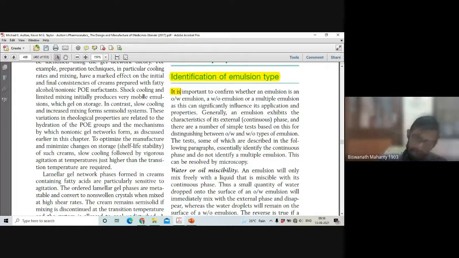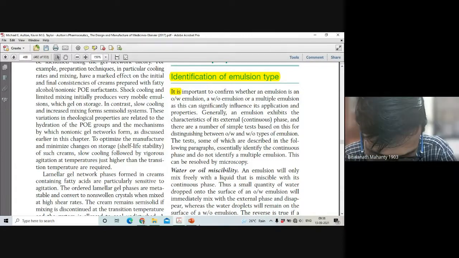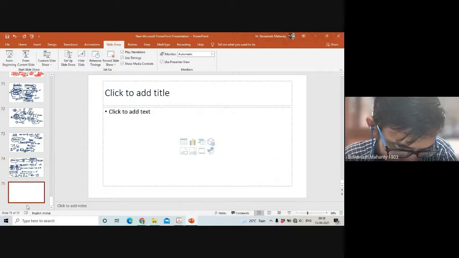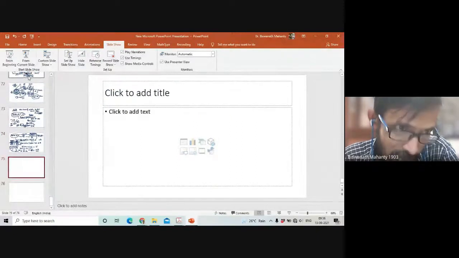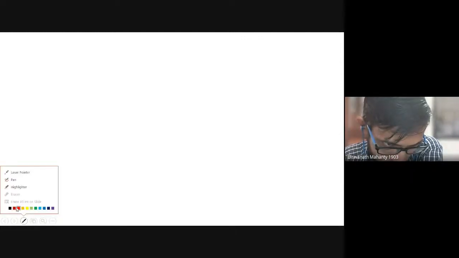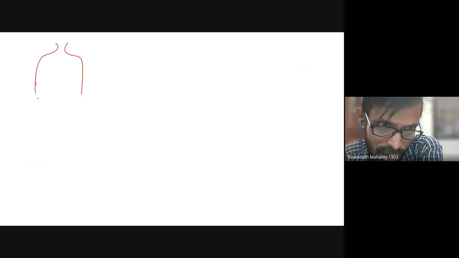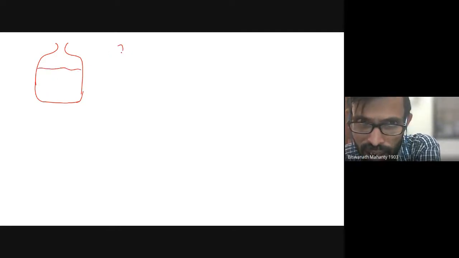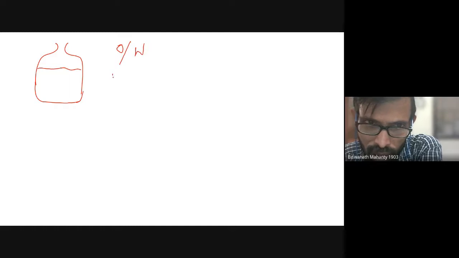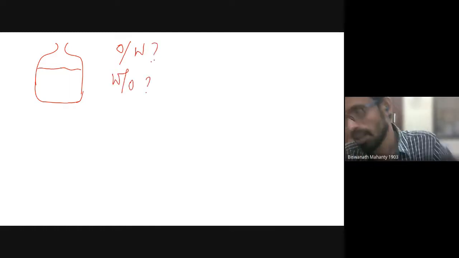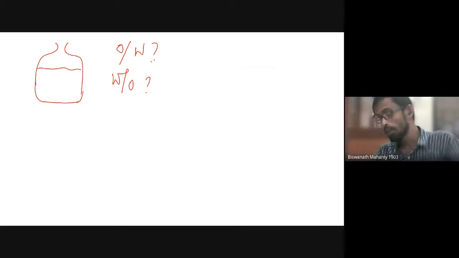How can I identify it? Suppose I have a bottle of emulsion and you need to identify whether it is oil in water or water in oil. If I ask this question, simply by seeing, you cannot do that. What possibility do you have?